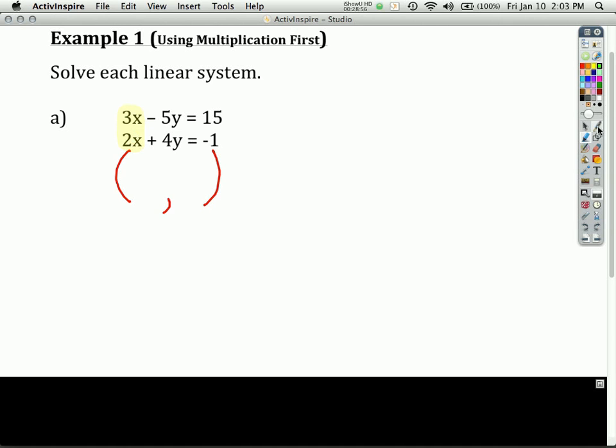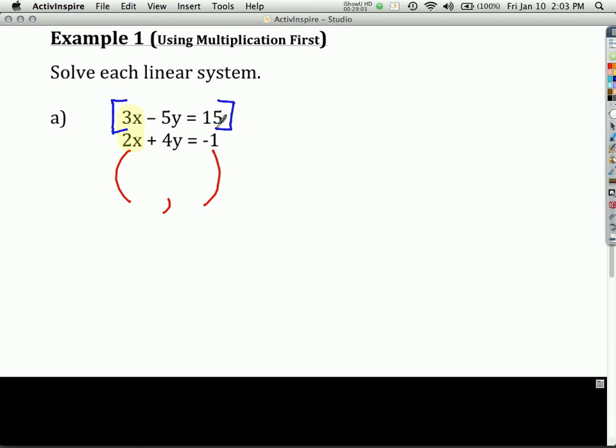So what I'm going to do is multiply the whole first equation, and again, this is a skill you learned in chapter 5. I'm going to multiply the whole first equation times 2. What will the x term turn into when I multiply the whole thing times 2?